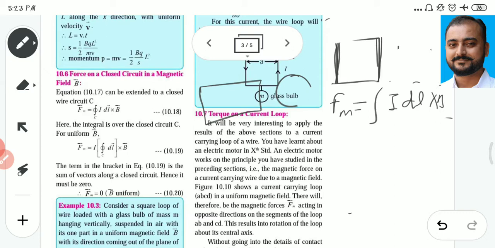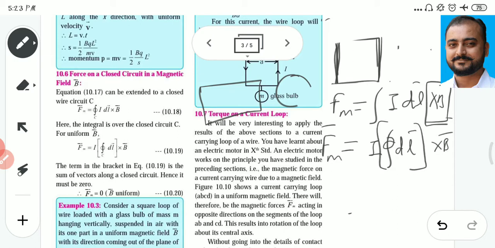As this integral is over the closed path, we consider again the magnetic field is also uniform. So in such a way, Fm is equal to I, which remains separate, times the integral of dl bar over the closed path, cross B bar.